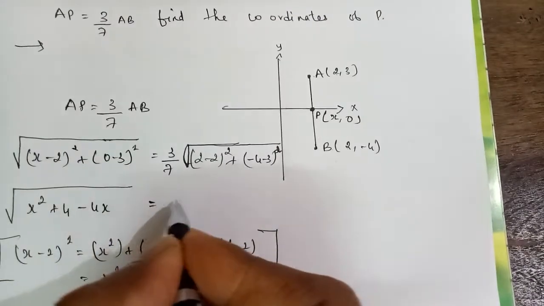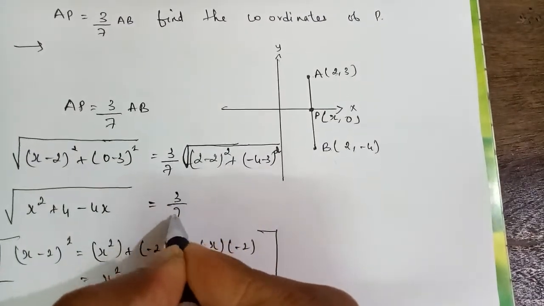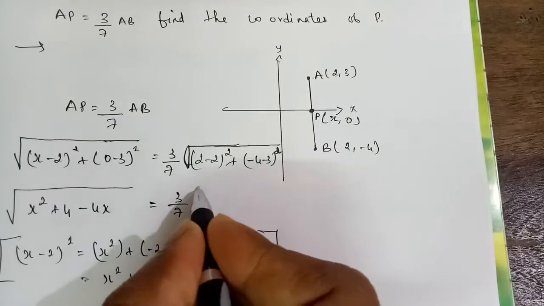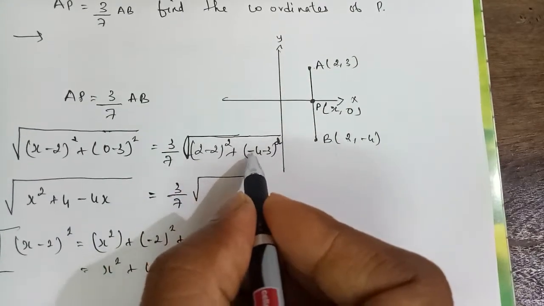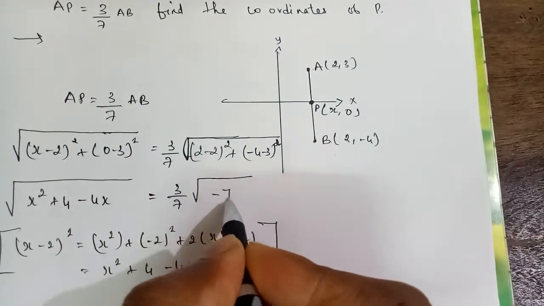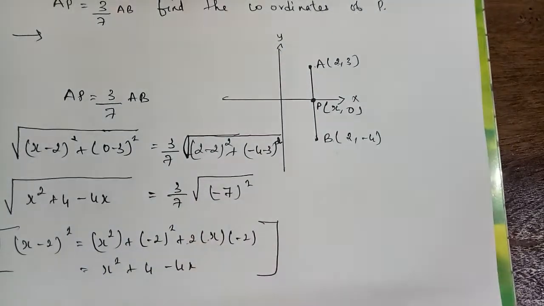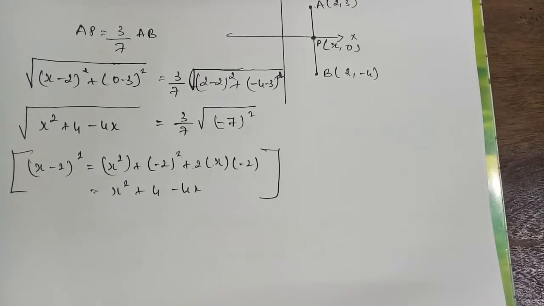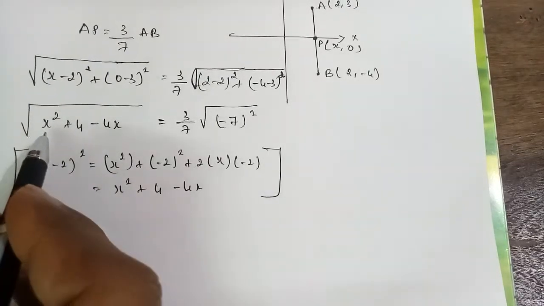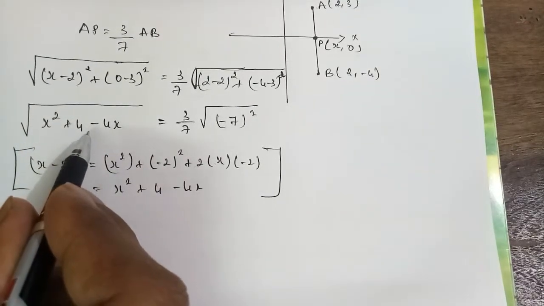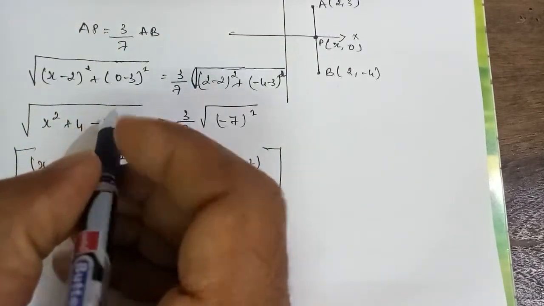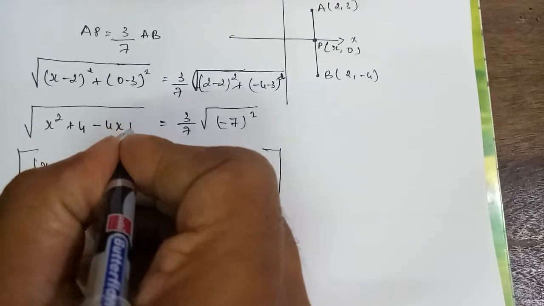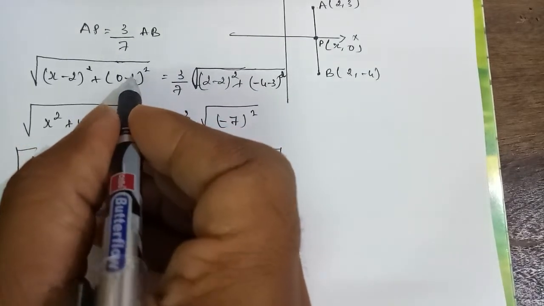That is equal to 3/7 into square root of 2 minus 2, which is 0. Next, minus 4 minus 3 is minus 7 the whole square. Here we have x square plus 4 minus 4x. We forgot the 0 minus 3 the whole square, and 0 minus 3 is minus 3.